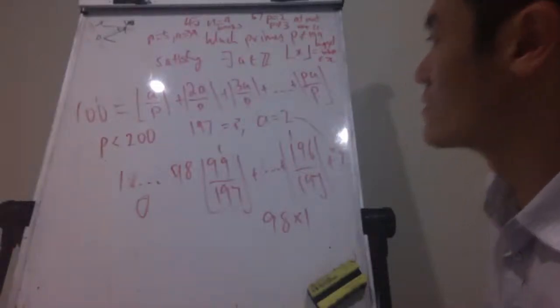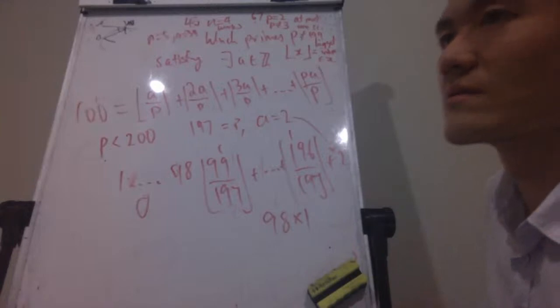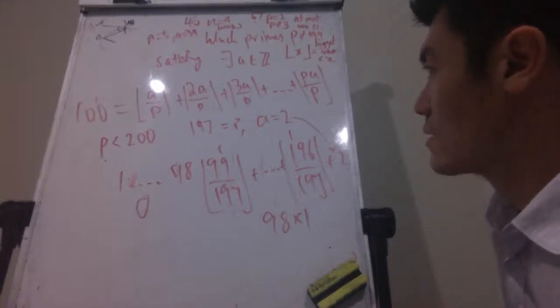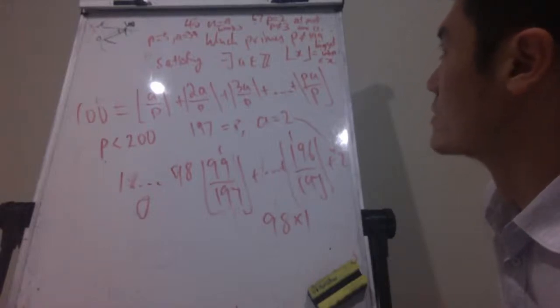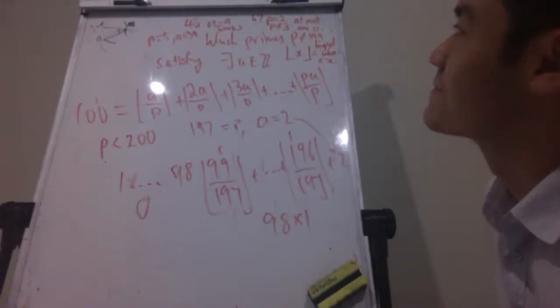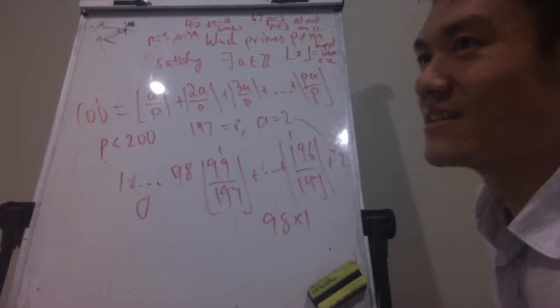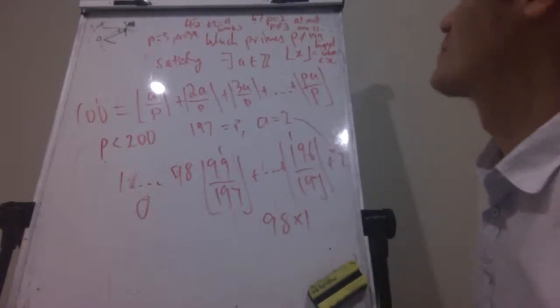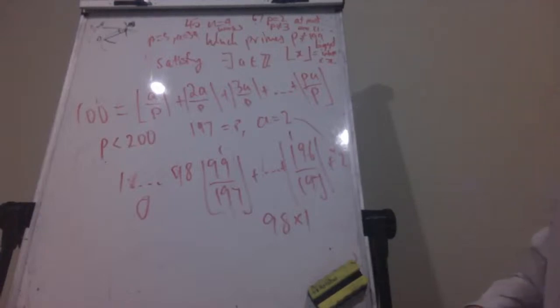So this one no longer divides 100. Yeah. But it still remains to be a square plus 1. Oh. I didn't know. I didn't do anything with that though. Okay. But I'm just saying.